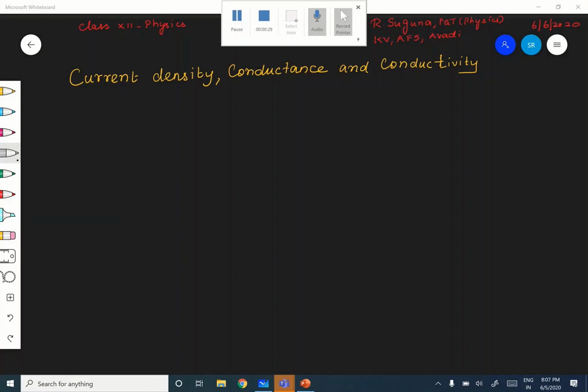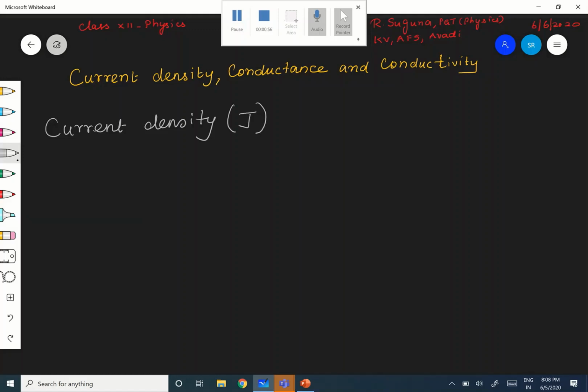To start with, we will see what is current density. The symbol for current density is capital J. How to define it? Current density is defined only at a point in a conductor.